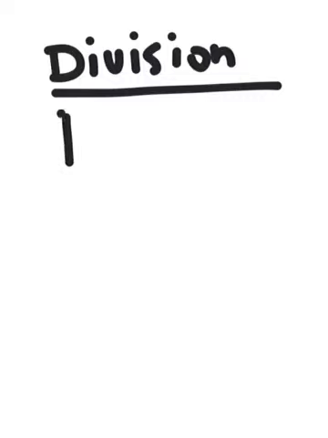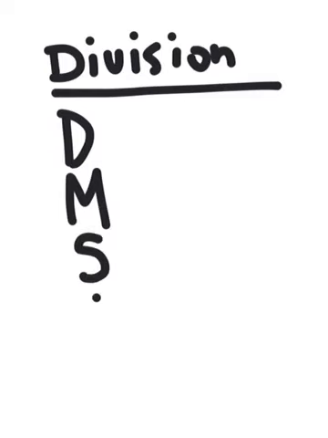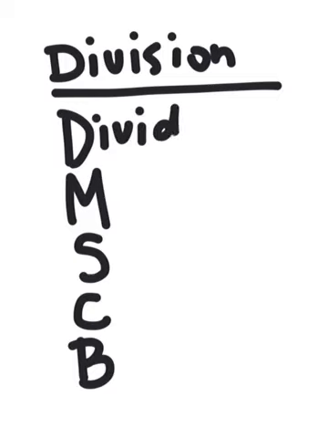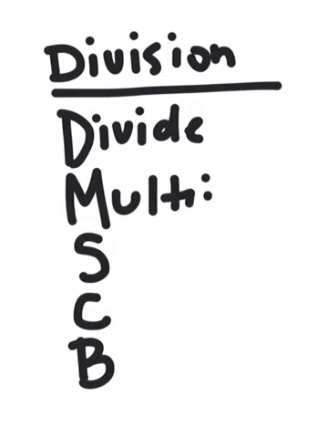This is review for most of us or all of us. We've done some division this year together. We have our steps for division, and our acronym to help us remember is Does McDonald's sell cheeseburgers? D is divide. M is multiply. S is subtract.